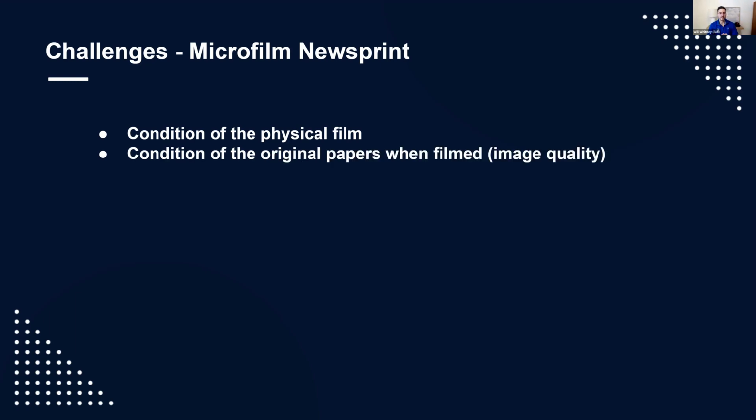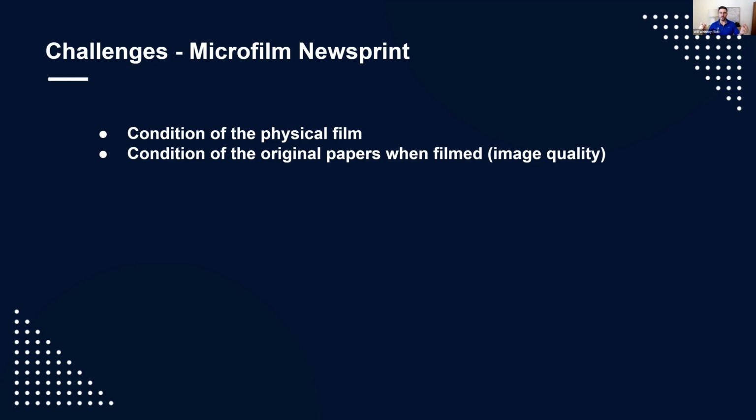In the same vein, you may have great physical film, the film we're going to scan, but if the original papers were poorly done, no matter the quality of the physical microfilm, that image is still going to be bad. We occasionally see microfilm where the image comes out blurry, maybe not the whole roll, maybe just a couple of images, or the back 30% of the images are a little fuzzy, and clients we're working with may say, hey, why is this fuzzy?